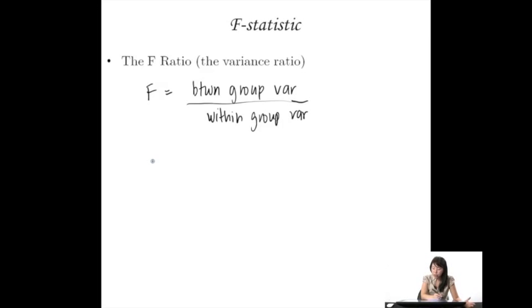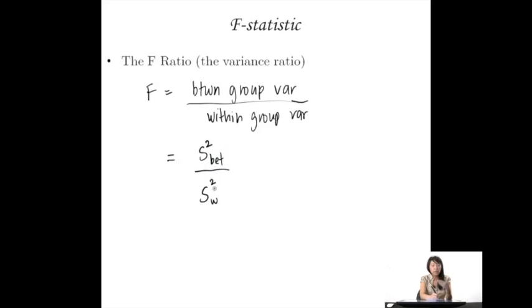Okay, so now what we need to do is replace these conceptual ideas with some of the things that we've been learning about. In particular, the variance between and variance within. For variance, we're going to use s squared, so s squared between over s squared within.